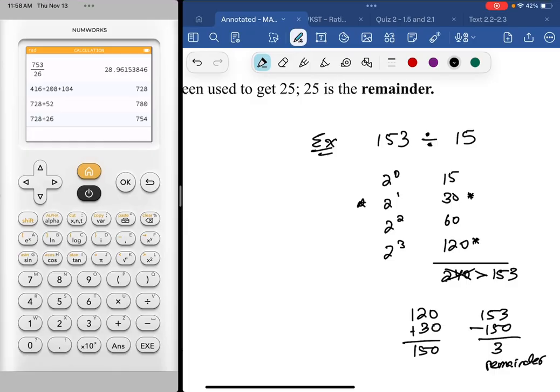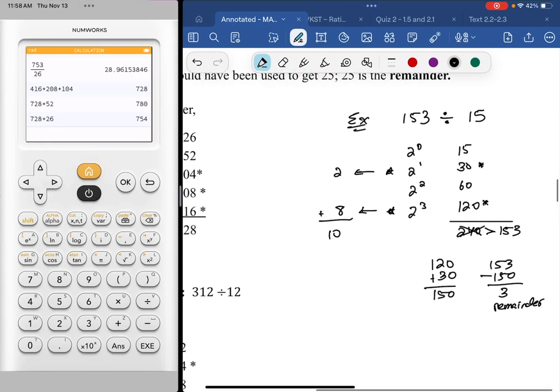Then I would take these relevant values and add them together. So this one's a 2 to the 1st is 2, and an 8. So that gets me a 10. So my answer, 153 divided by 15, would be 10 remainder 3.